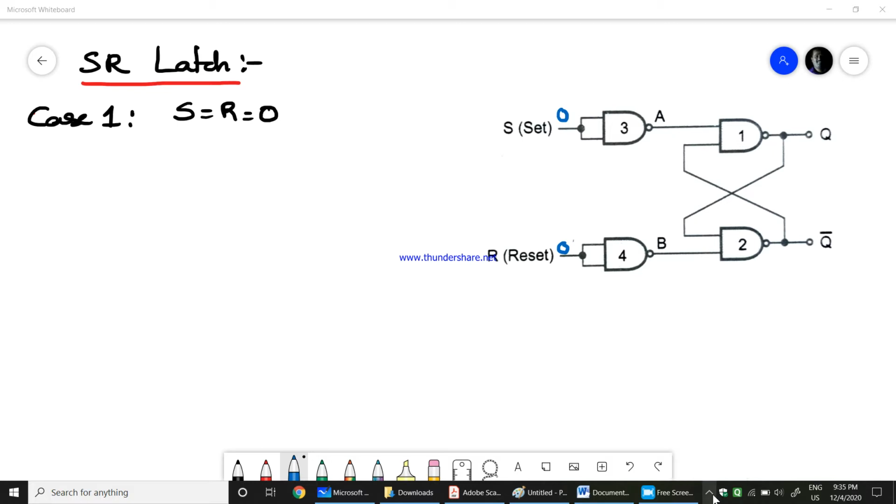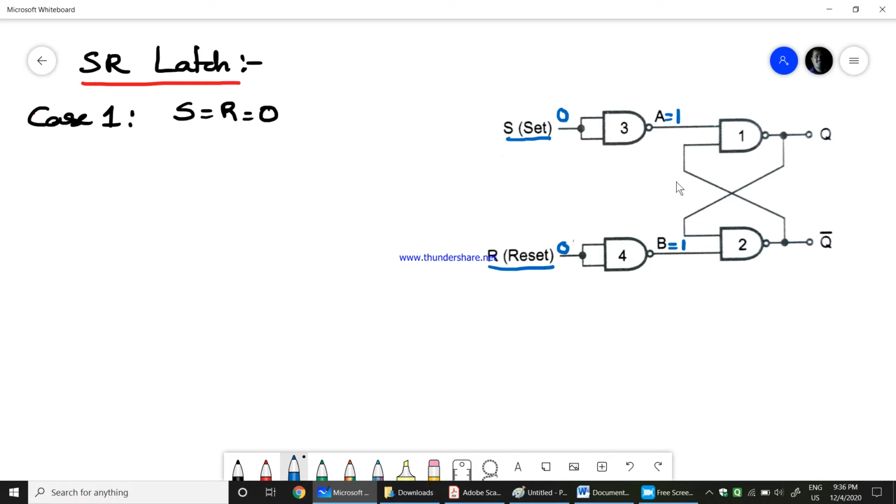So here, as S equals 0 and R equals 0, A will be equal to 1, B will also be equal to 1, because this is a NAND gate. Okay, the first case we have assumed is S and R equals 0, where S stands for set and R stands for reset. Now we will see how it behaves when both are 0 0.